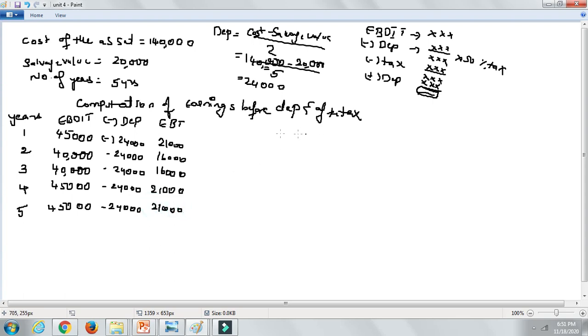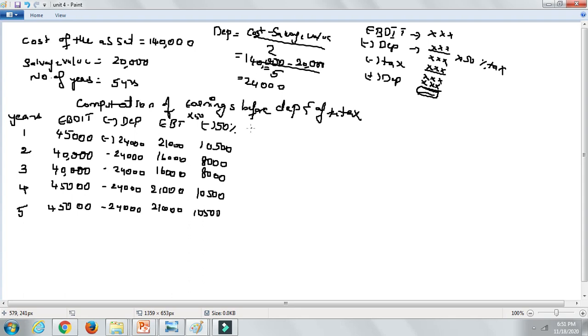Now we are going to deduct the tax. Tax is 50% on this. So 21,000 at 50% is 10,500. Next, 16,000 at 50% is 8,000. Next also 8,000. Next 10,500. Next 10,500. This is what we have done.